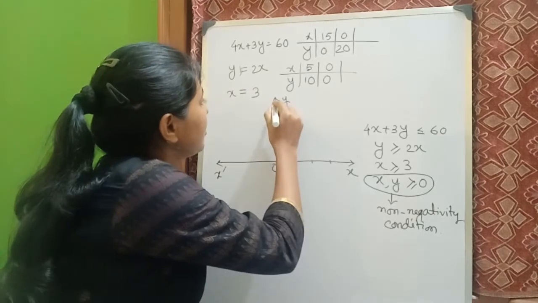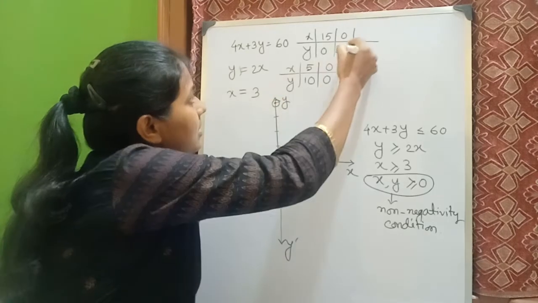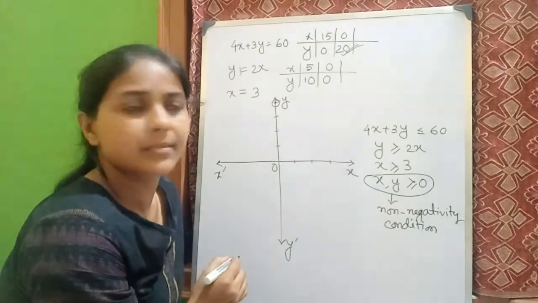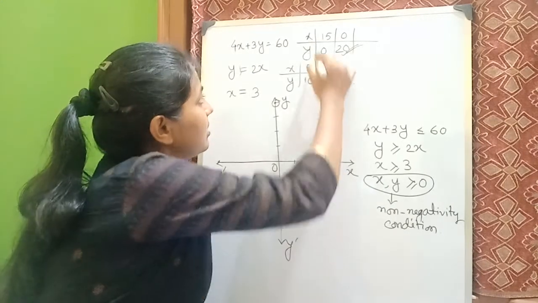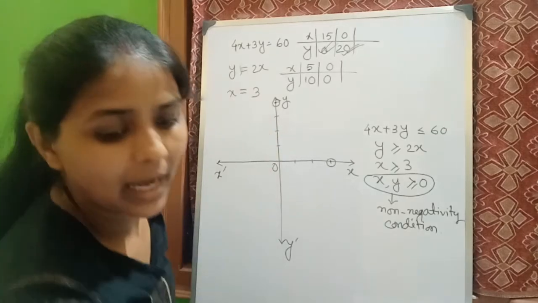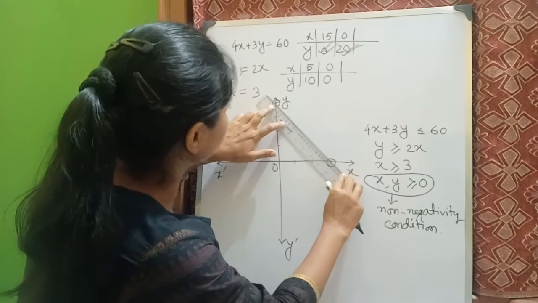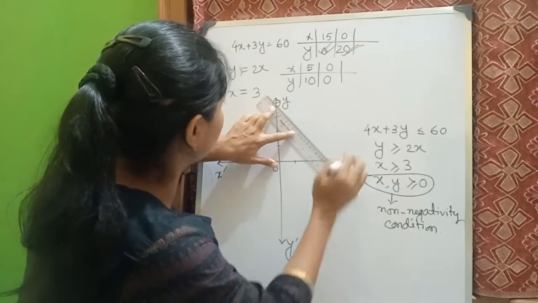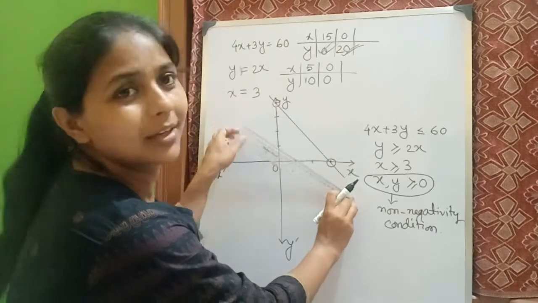This one is (0, 20) and this is (15, 0). I have my scale here, so I can use the scale to draw it, and it would be better.